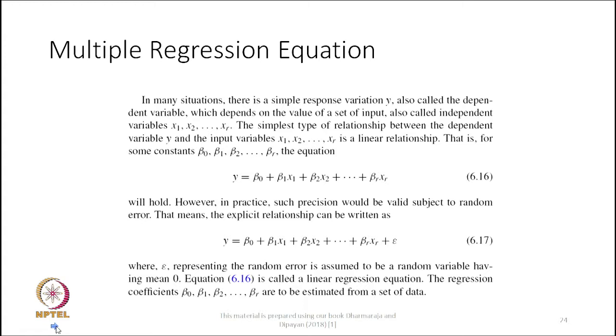Y is the dependent variable, all the xi values are the input variables, the independent variables, and the coefficients beta naught, beta 1, and so on to beta r are to be estimated from a set of data.